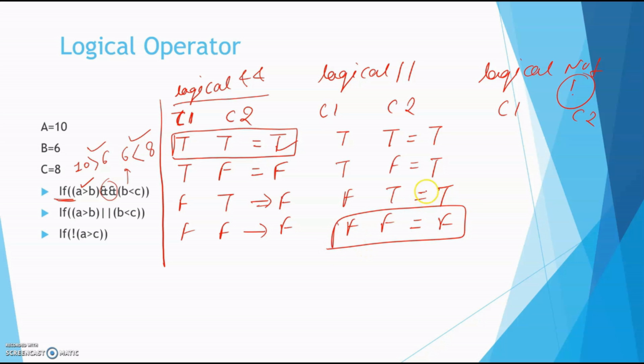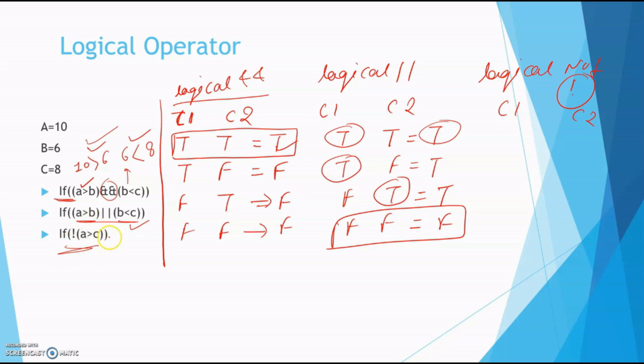So the conclusion is that any one of the conditions must be true, either both or one of them. If we check a is greater than b, yes, that is true. b less than c, that is also true. So both conditions are true, that's why this condition is true. It means whatever instruction is written inside this statement will execute.